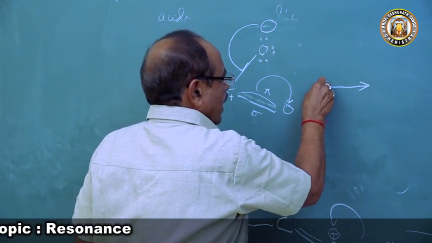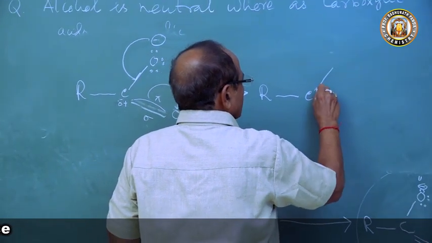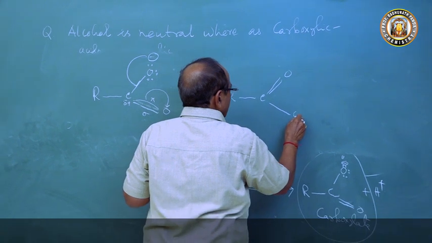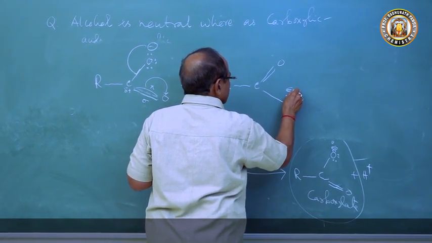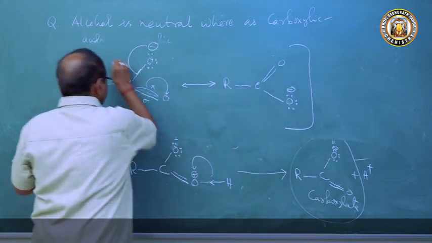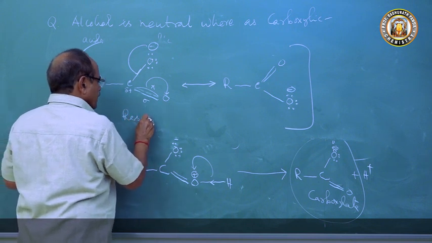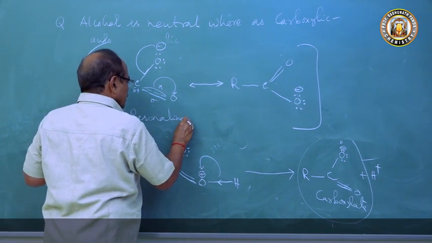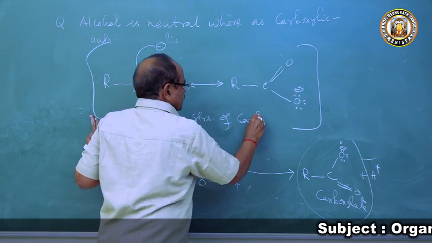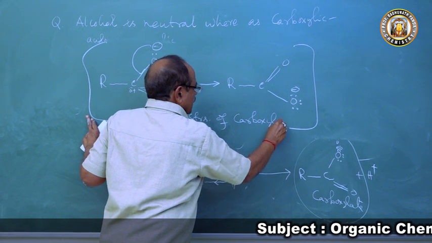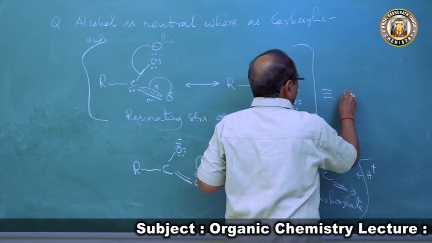So the delocalization of the oxygen atom of the carboxylate ion takes place and produces resonating structures like this. These are the resonating structures of the carboxylate ion. Then if we write the resonance hybrid, what will happen now?